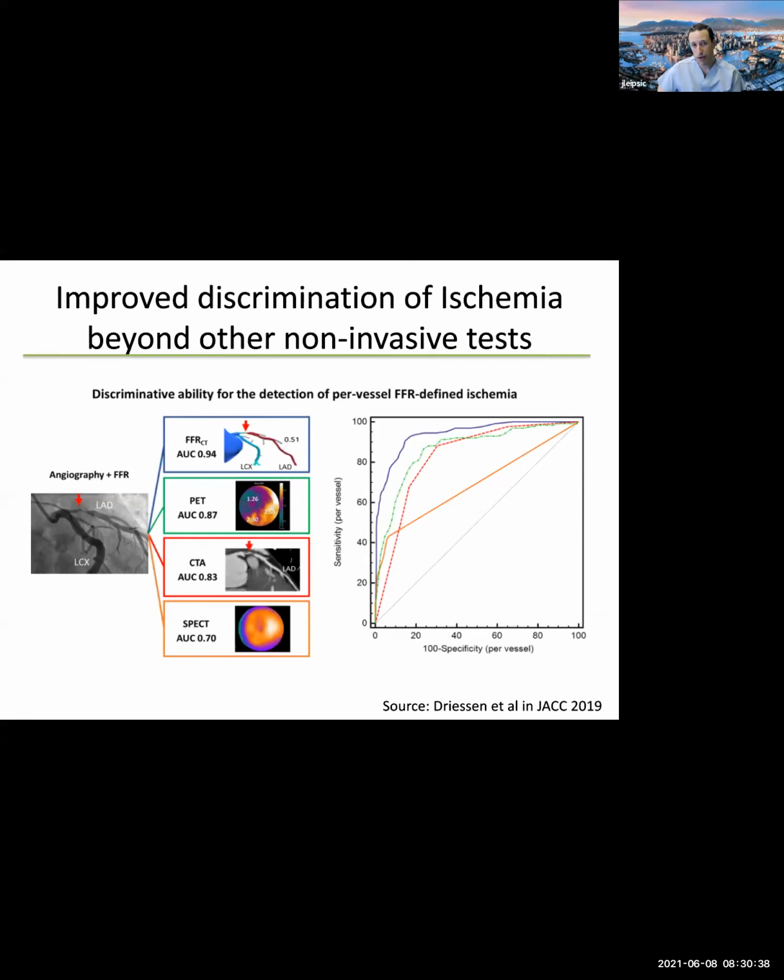Now, when you look at how FFRCT performs, it's important to understand its strengths and limitations. Over the last 3 accuracy studies, the accuracy compared to invasive FFR is about 87%. You could see in the PACIFIC trial, it surpassed oxygen-labeled water PET, CTA, and SPECT.